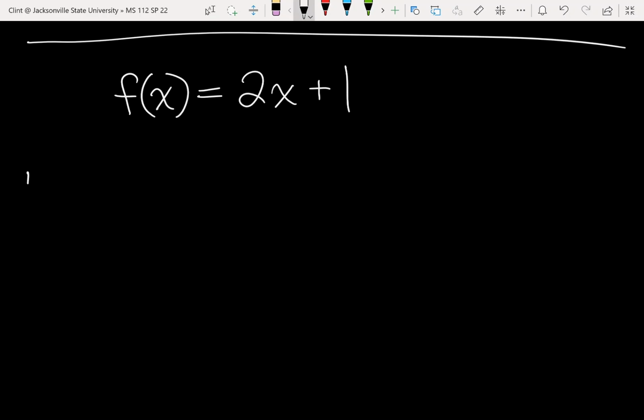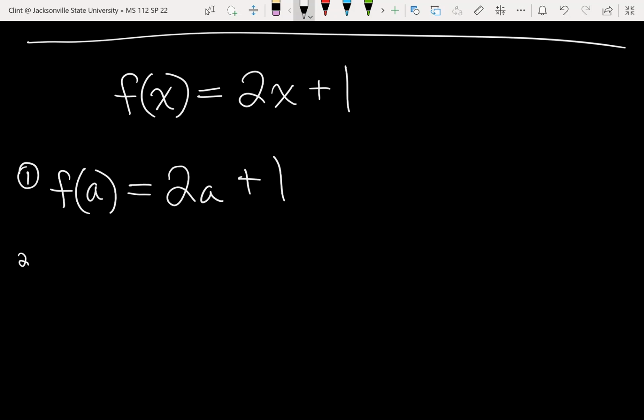So here, let's find a couple of things here. So first of all, let's find f of a. So we just plug in a instead of x, so we'll get 2a plus 1. Second thing we want to find is weird, because we don't have any context for why we would want to find something like that.